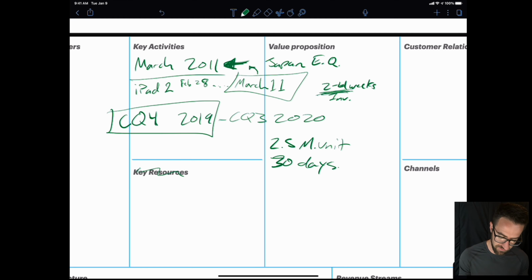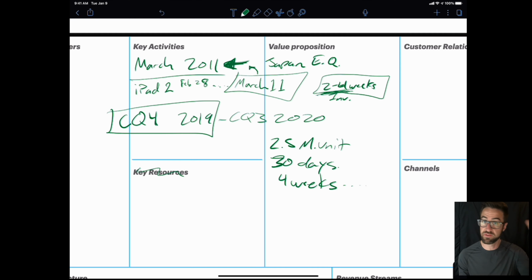It's approximately 4 weeks. So you'd think, okay, if they had their 2 to 4 weeks, being conservative, on the high end, 4 weeks, that means after 30 days they would have been out. And for the next 30 days, they're just going to be kind of hosed, waiting for batteries to put into their iPads to ship. Well, that isn't what happened.